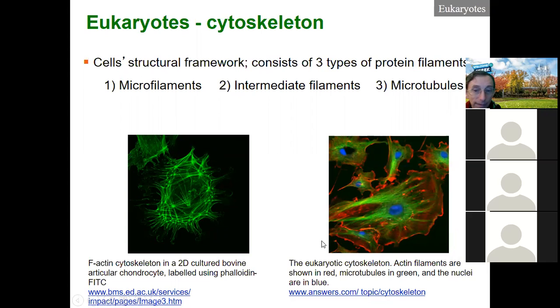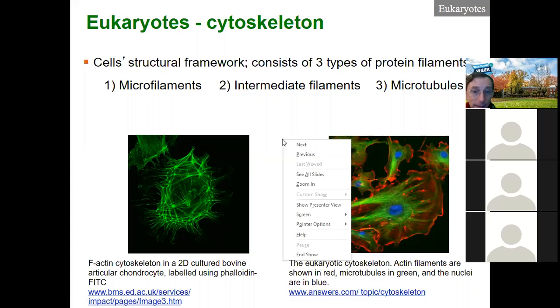We're seeing several cells here, but we're only going to talk about this one. The point is, within the cell, there's a very extensive network of proteins that we call the cytoskeleton. Any question about any of that?